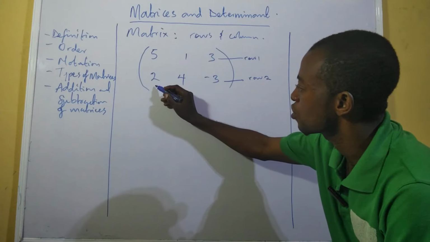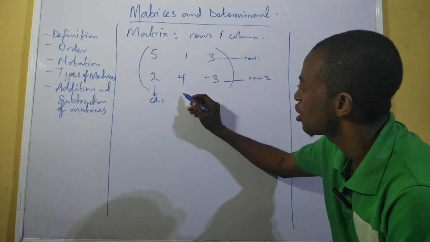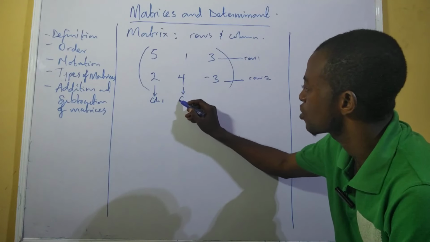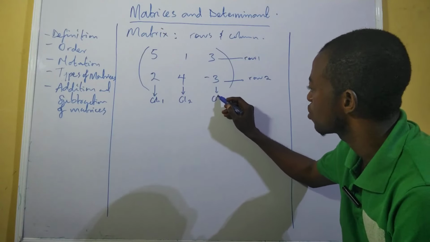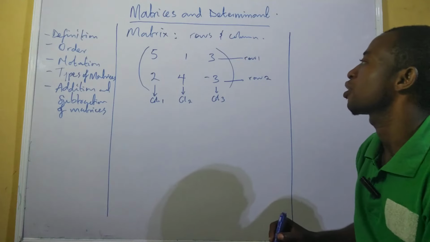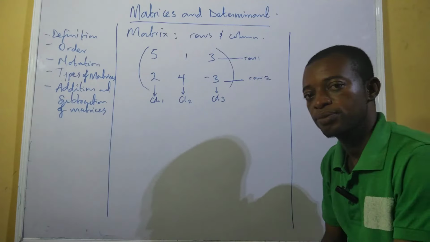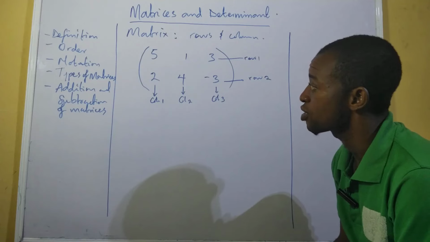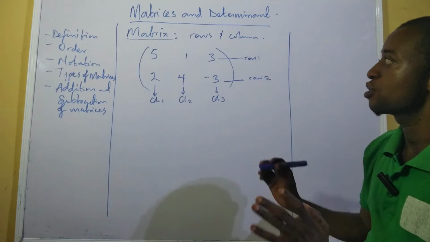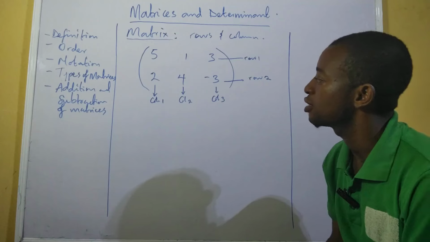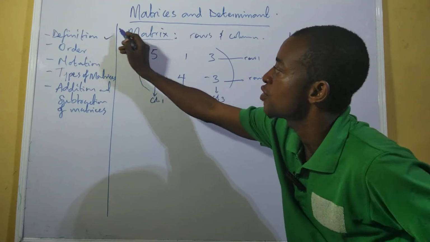Also we have this as column 1, this as column 2, and here this as column 3. So we have 2 rows and 3 columns. This is a perfect example of a matrix. So that's the definition: quantities, usually numbers, arranged in rows and columns enclosed within a large bracket.